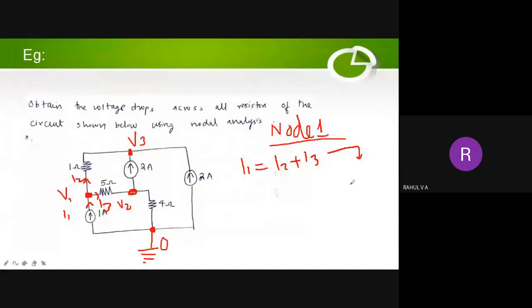So what is the value of I1? Jyothish? 1 ampere. Okay, 1 is equal to... what is I2? What is the equation for I2? I2 plus I3.